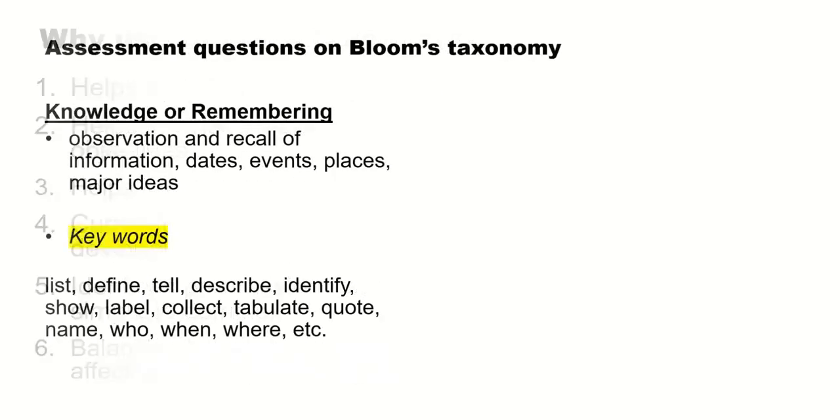After this, let us go towards some of the assessment questions that can be asked on Bloom's taxonomy. If we take the first level, the beginning level, which is knowledge or remembering, it refers to recalling of information, recalling of facts, dates or events, information about places, or recalling different ideas.